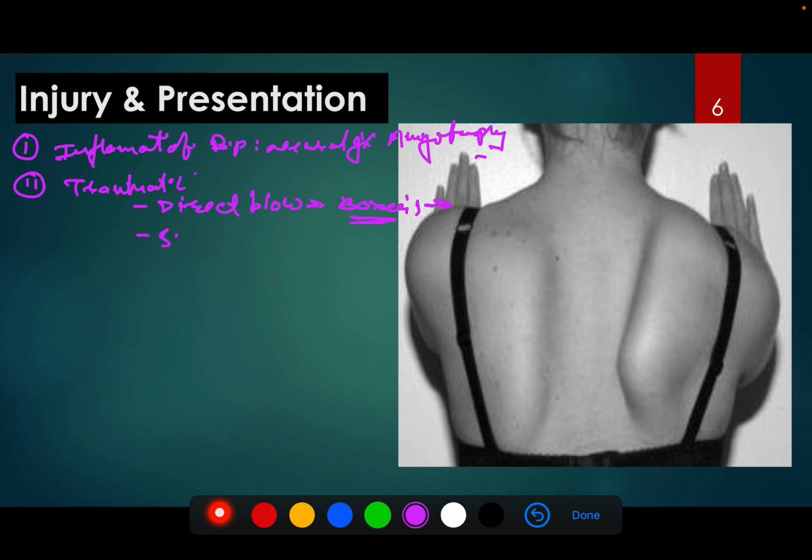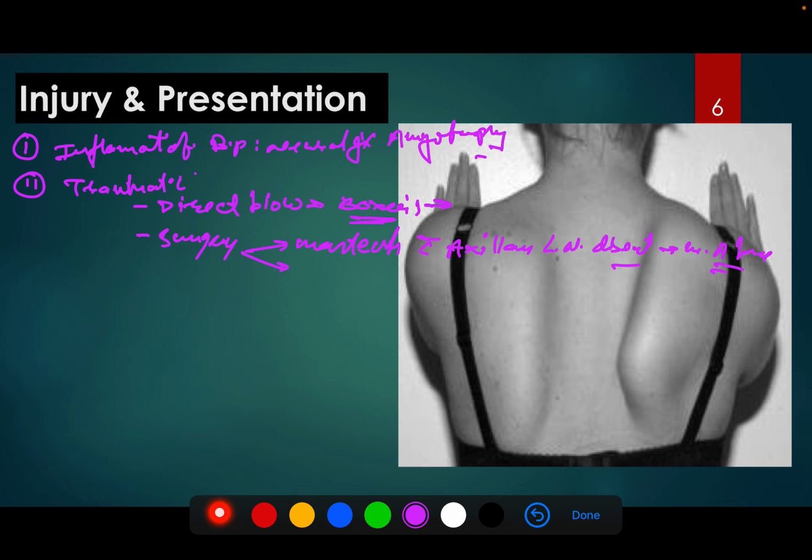Another reason can be surgery. In the surgery we can follow two techniques. One, in the question we have mastectomy with axillary lymph node dissection, because it passes through the mid-axillary line, so we can injure this one.